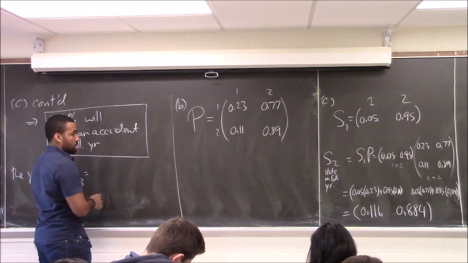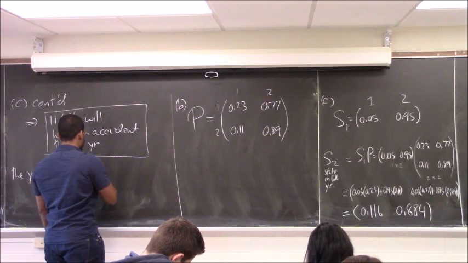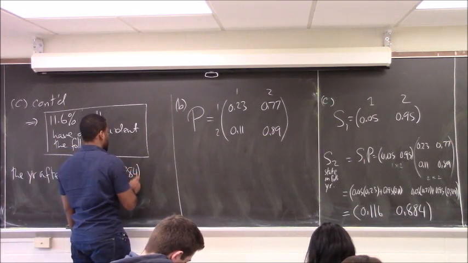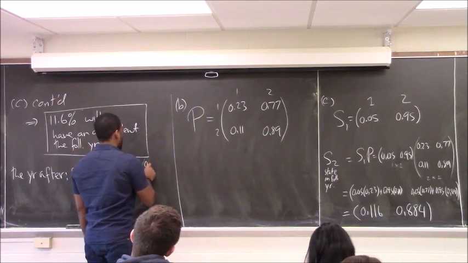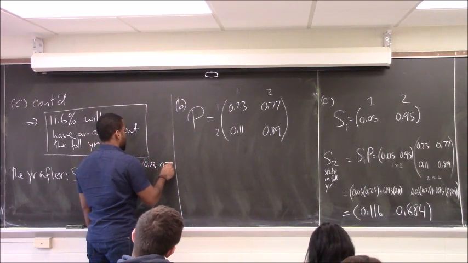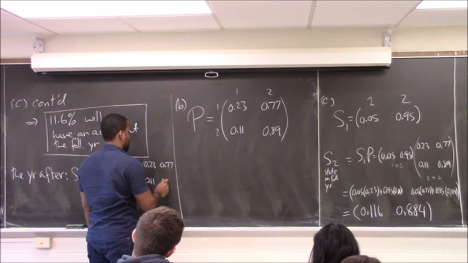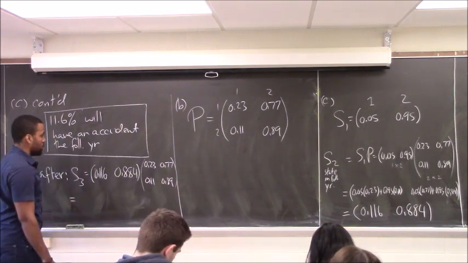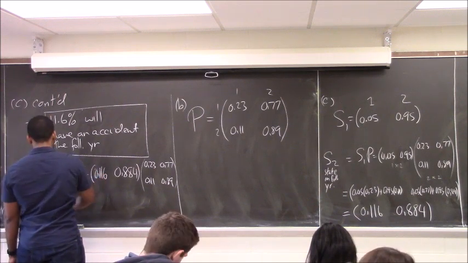Well, that's just going to be state 2. So we take that as the initial and multiply by P. So two years down the road, how many people will be in a state of accident?